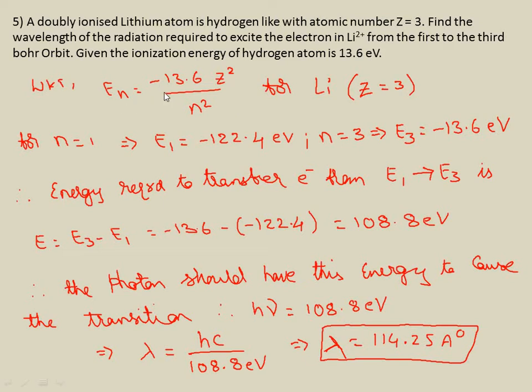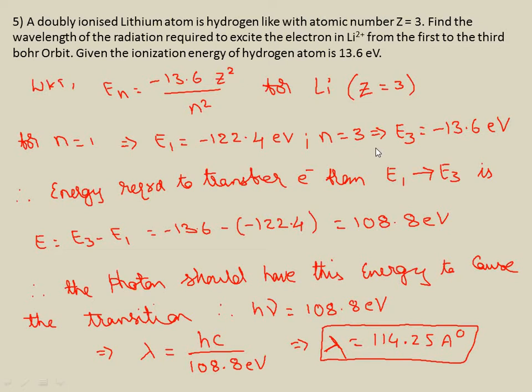Energy En equals minus 13.6 Z square by n square. Now for lithium, Z is 3: hydrogen, helium, lithium. So Z equals 3. And for n equal to 1, the first, E1 on substitution comes to minus 122.4 electron volt. And for n equal to 3, that's it, required to excite the electron from the first to the third Bohr orbit.